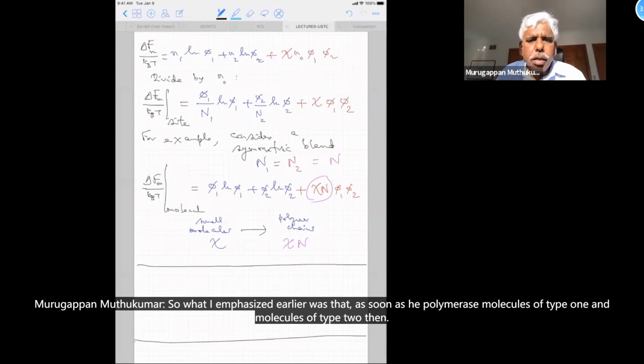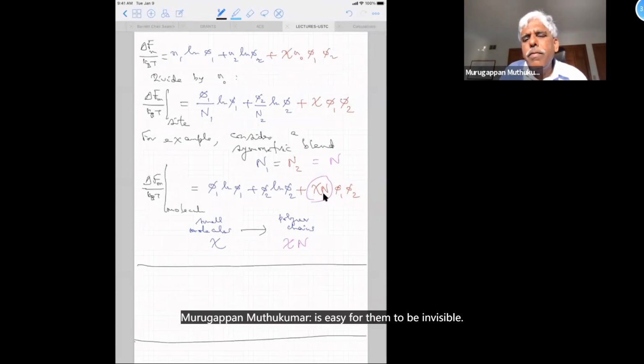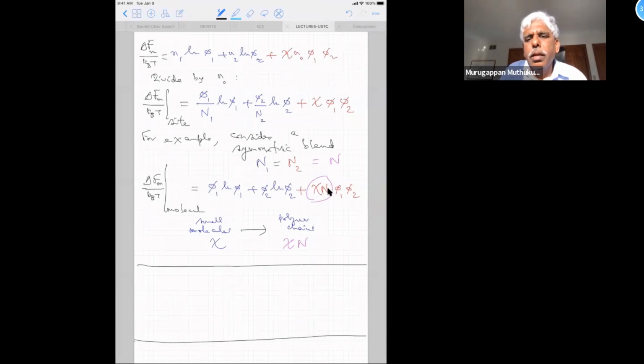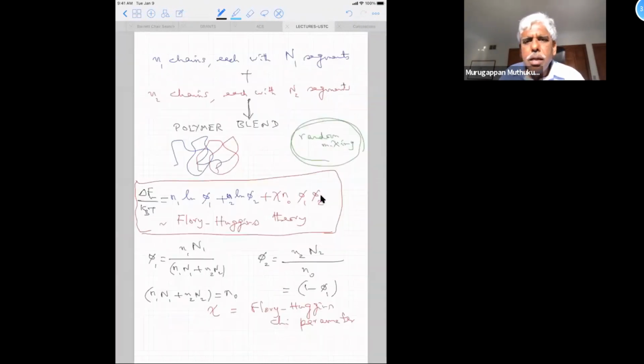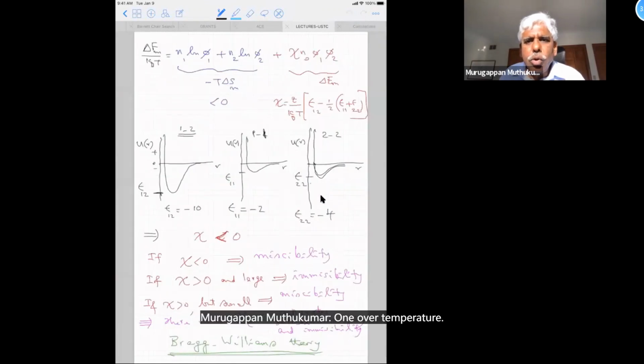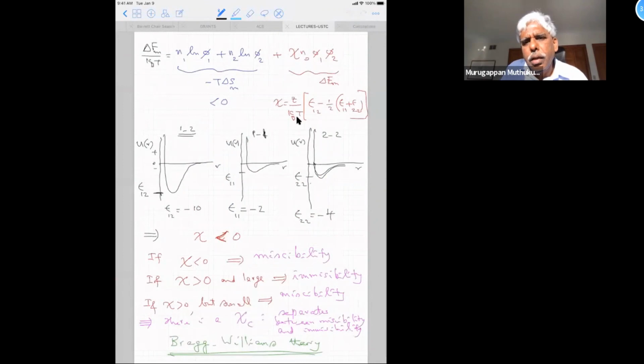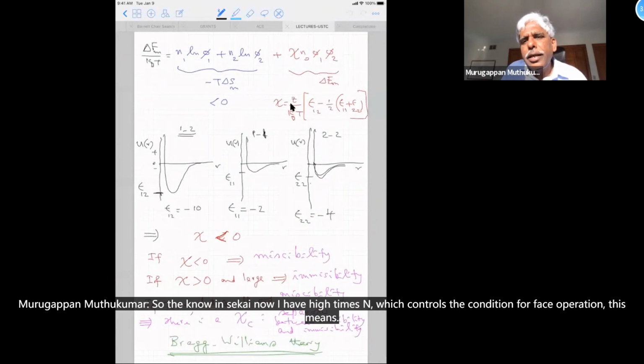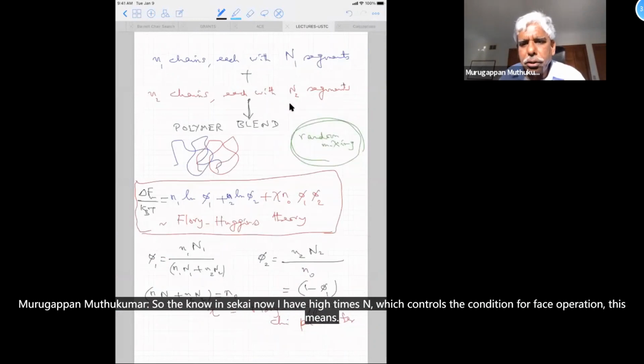So what I emphasized earlier was that as soon as you polymerize molecules of type 1 and molecules of type 2, then it's easy for them to be immiscible. Now, please remember that chi is 1 over temperature. So now instead of chi, I have chi times n, which controls the condition for phase separation.